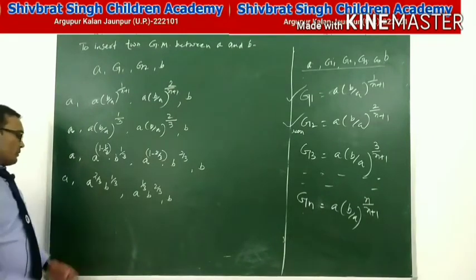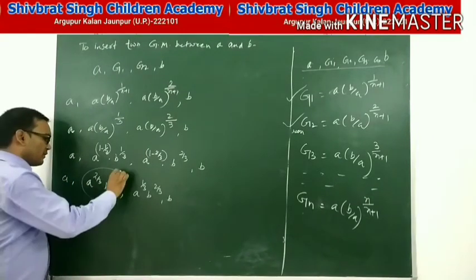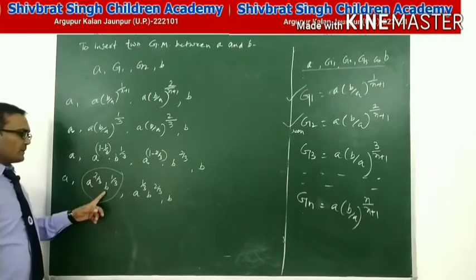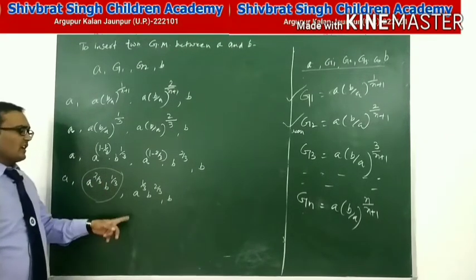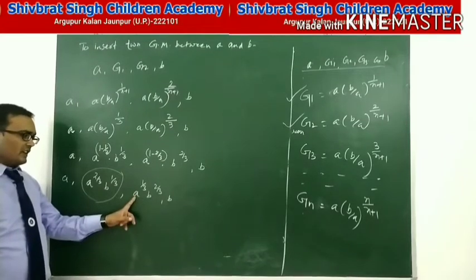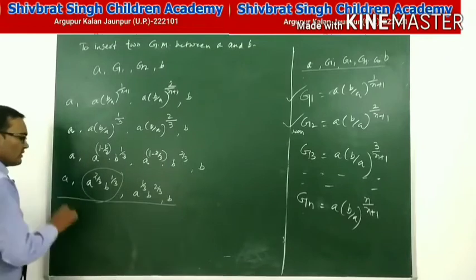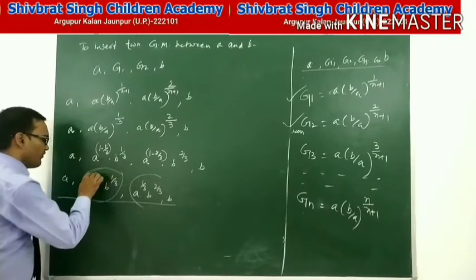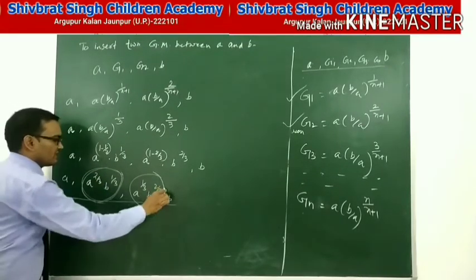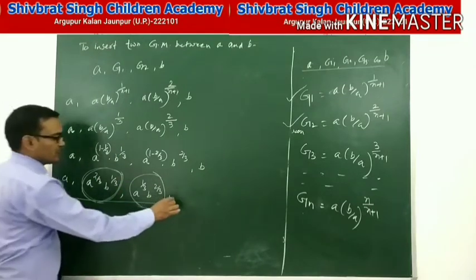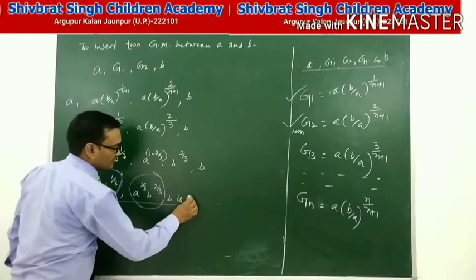The two geometric means between a and b are: the first, g1, is a to the power 2 by 3 b to the power 1 by 3, and the second, g2, is a to the power 1 by 3 and b to the power 2 by 3. This is the first geometric mean and this is the second geometric mean. You check whether this sequence is a GP or not.